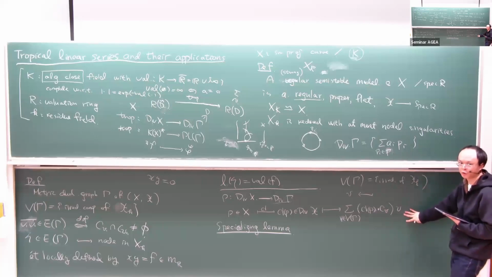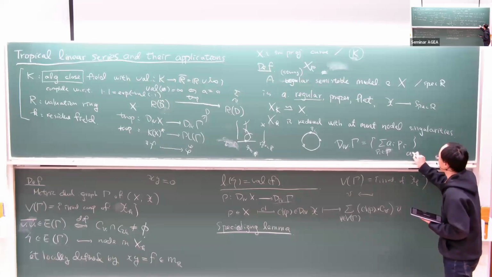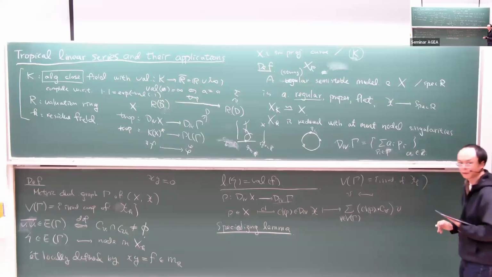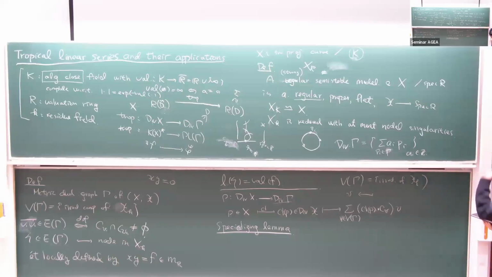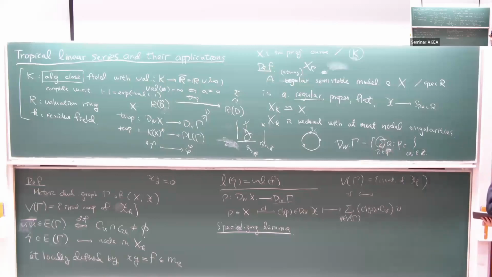In general, you do have divisors which are not supported on the set of vertices. And these a_i are real numbers or integers? Integers, and it's a finite sum. Okay, thank you.